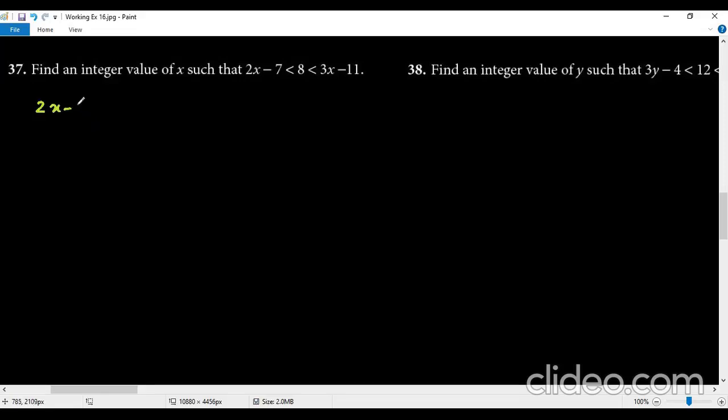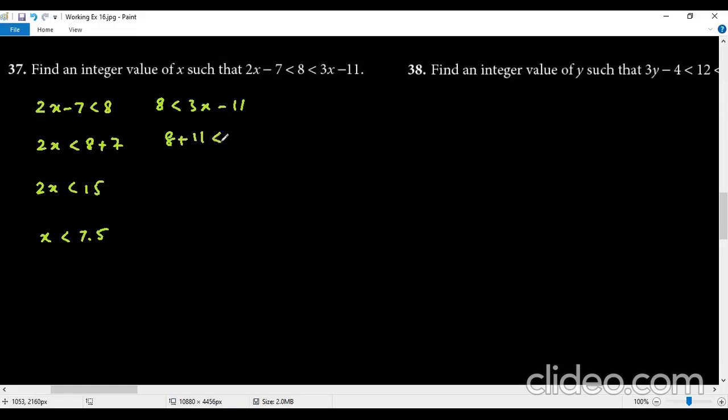Moving on to question number 37. There are two inequalities we'll be solving simultaneously: 2x minus 7 less than 8, and 8 is less than 3x minus 11. So we need to find an integer which satisfies both the inequalities. So it's going to be 2x less than 8 plus 7, which is going to be 2x less than 15, and x is going to be 7.5. Next is going to be 8 plus 11 less than 3x.